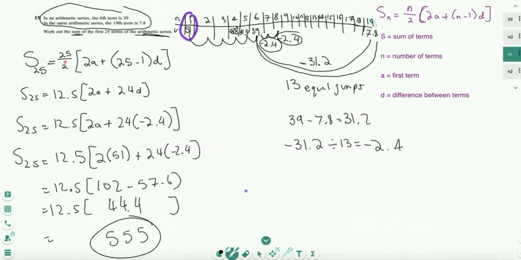And from 39 to 7.8, we went backwards 31.2. So we split 31.2 into 13 jumps by dividing, which gave us minus 2.4. So that was the difference between each term. Then to find the first term, we just added 2.4 until we went back to the first term, which gave us 51. We just put it back into our formula and we solved it. Let's try the final problem.